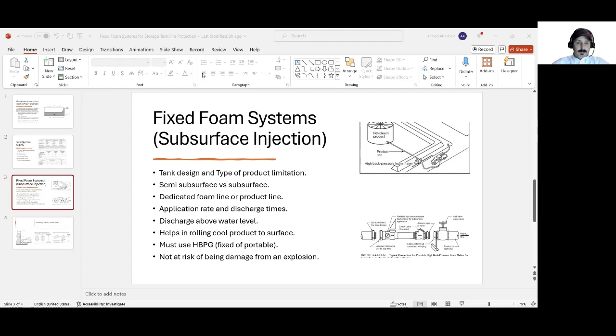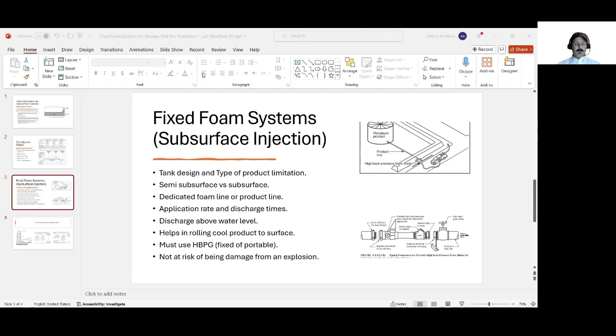Now going back to our main topic for today, the subsurface injection. It is one of the two systems that are designed to protect fixed roof tanks. The subsurface injection will facilitate the entry of foam at the bottom of the tank, just above the water level.